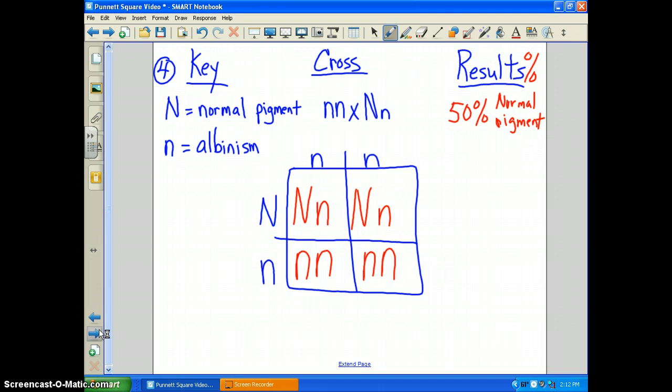And what percent albinism? Raise your hand. Correct. 50% albinism.